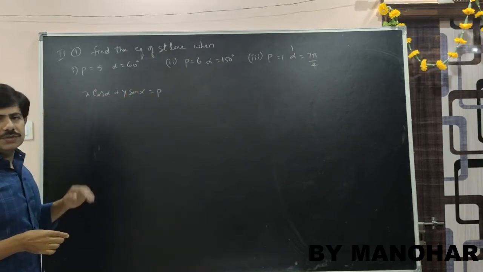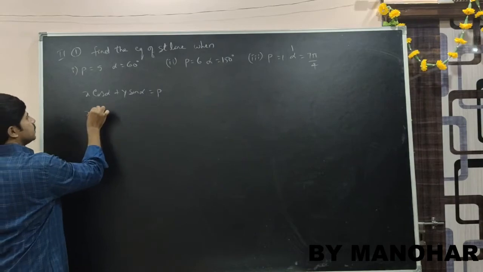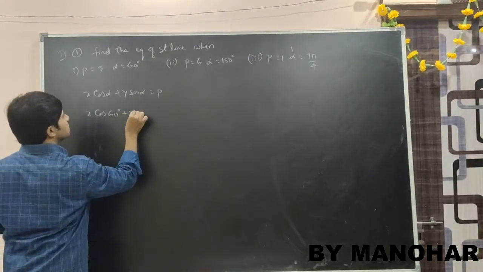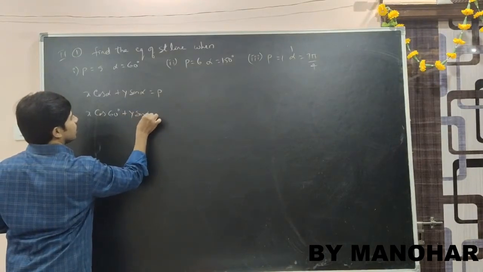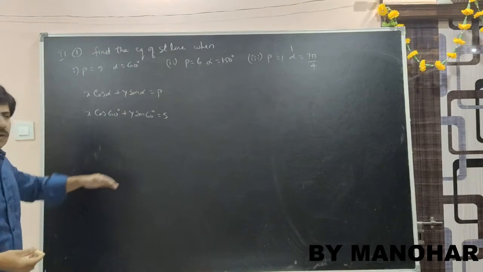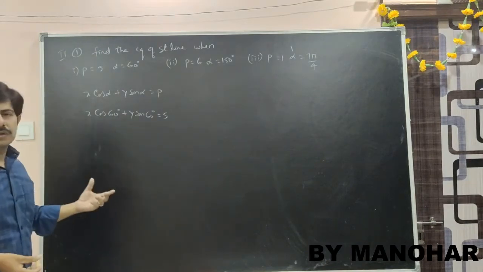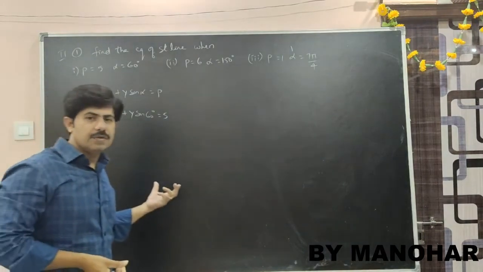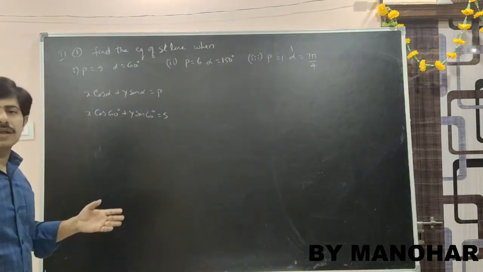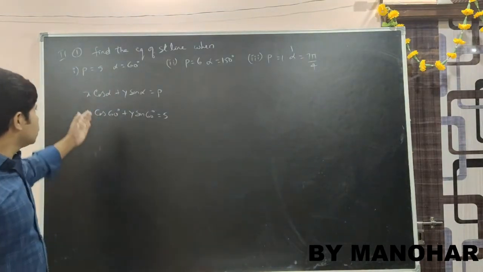Just substitute these values: x cos 60 plus y sin 60 is equal to 5. That is called the normal form of line. So this is completed.